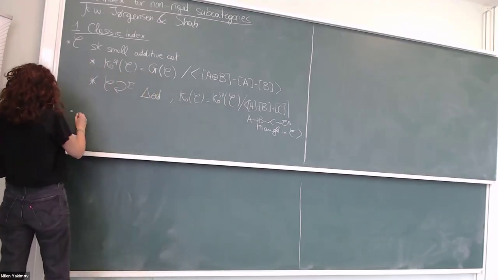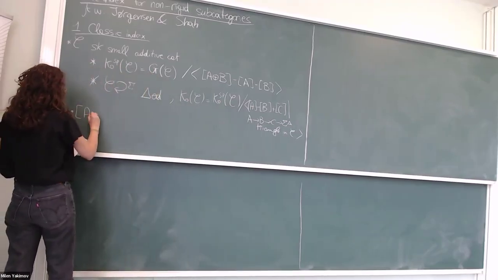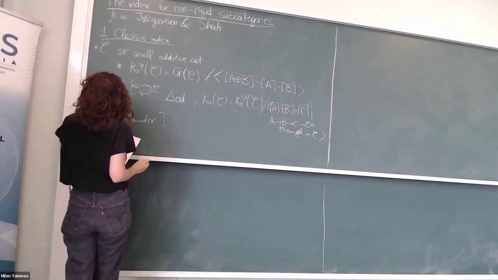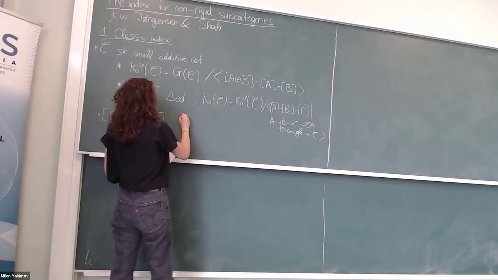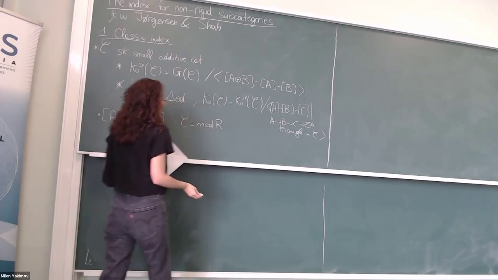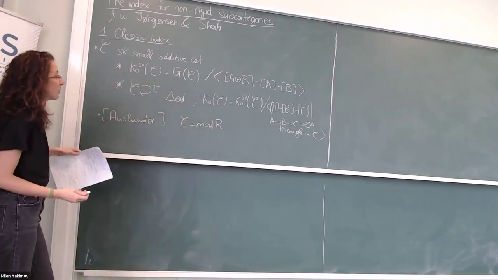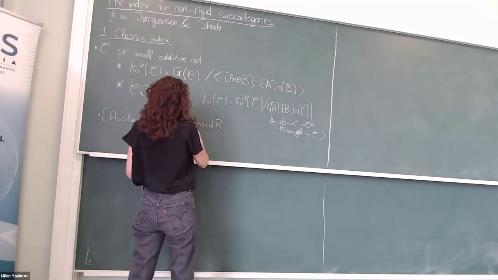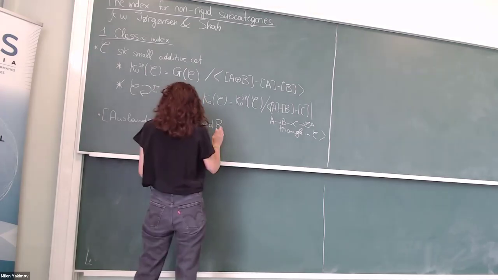And the very first index, which we actually won't look at very much today, but just for completeness, was by Auslander, and here C would be mod R, so finitely generated modules over some Noetherian ring. And this is an abelian category.